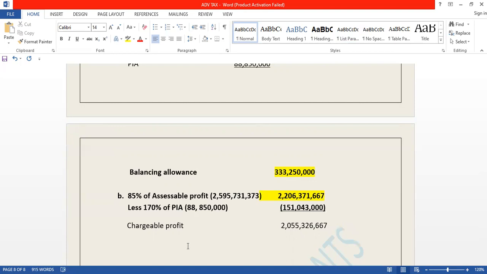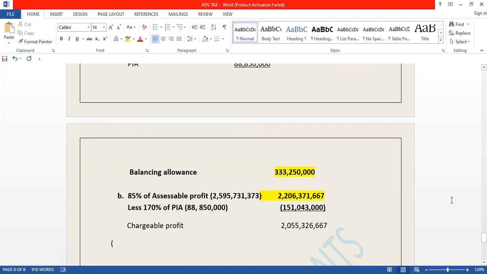To get our chargeable profit, it's going to be accessible profit minus our balancing allowance. So from there, we apply our tax to that. So let me just do that one under here for us to see that. So we have 2595 as our taxable profit.